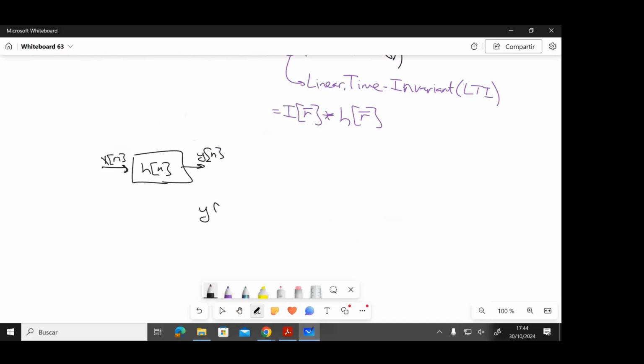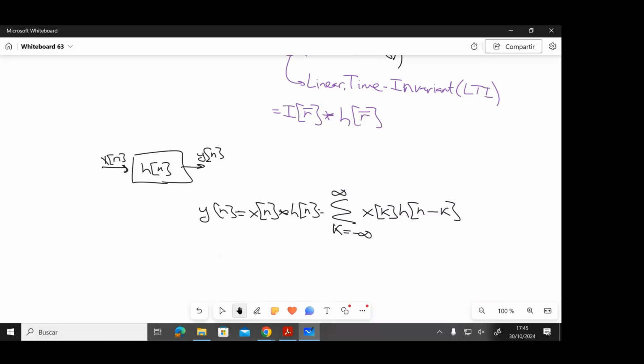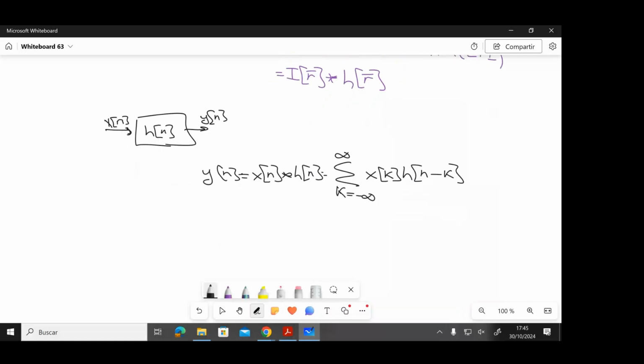The output is x[n] convolved with h, which is the sum from minus infinity to infinity of x[k] h[n minus k]. This is all a reminder of how it works in one dimension. So let's say that the signal is like this. So this is your signal.